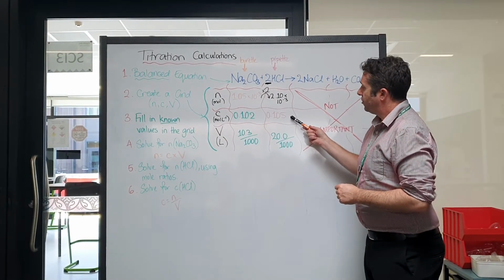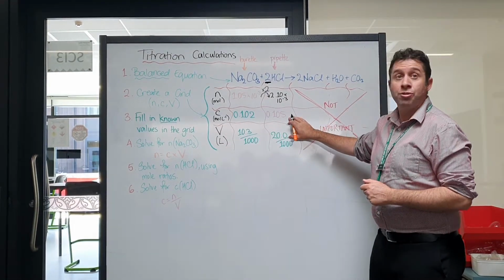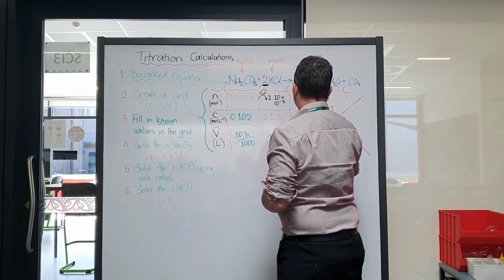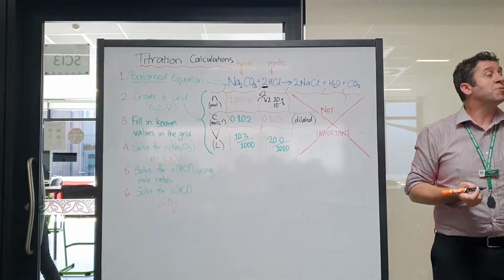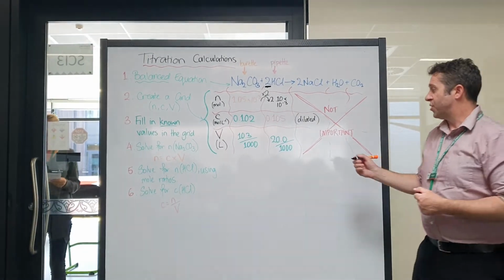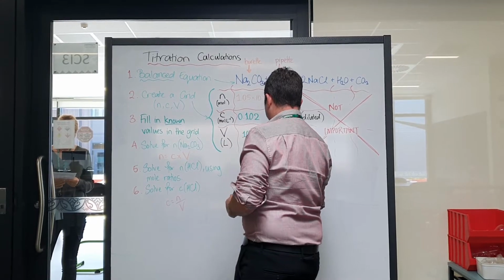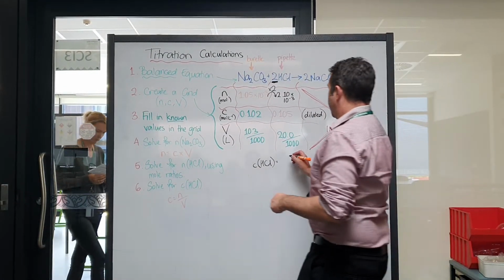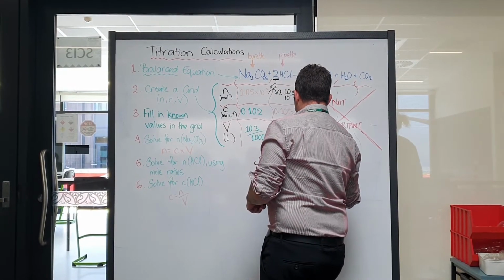So this 0.105 moles per litre is the diluted stuff. The original must be 10 times more concentrated than that. So actually, my concentration of my original HCl from our lab stations, which said they were 1 mole per litre, is going to be 1.05 moles per litre.